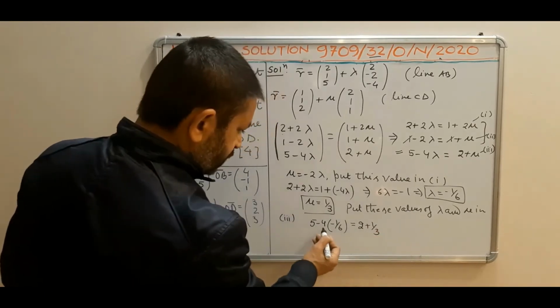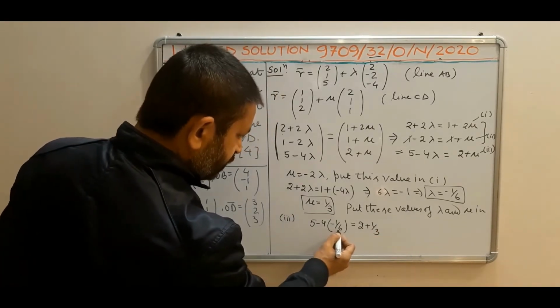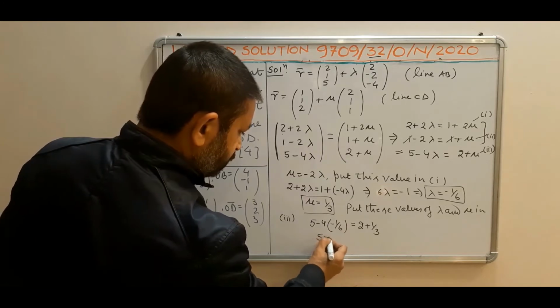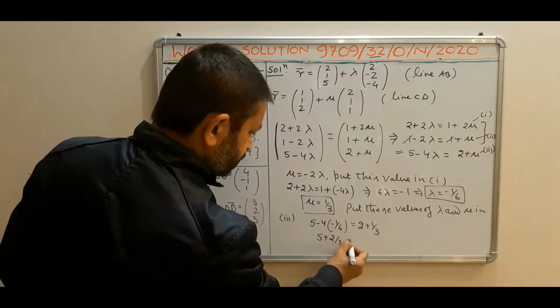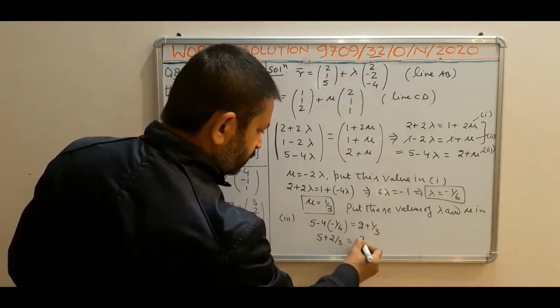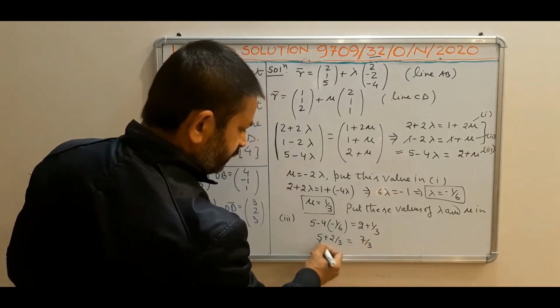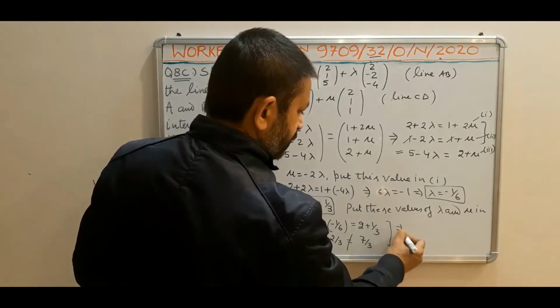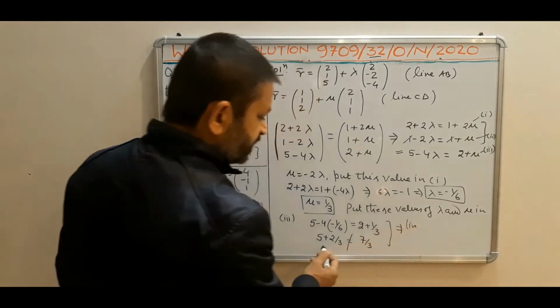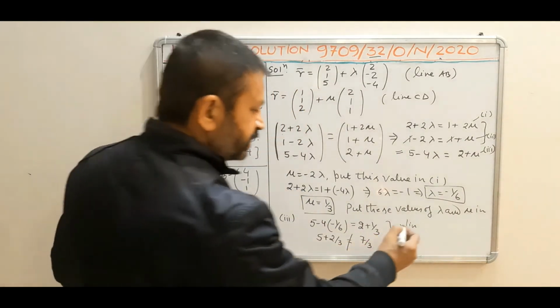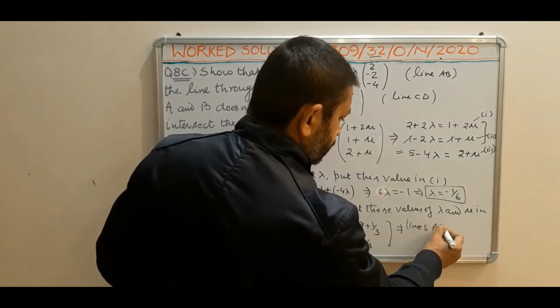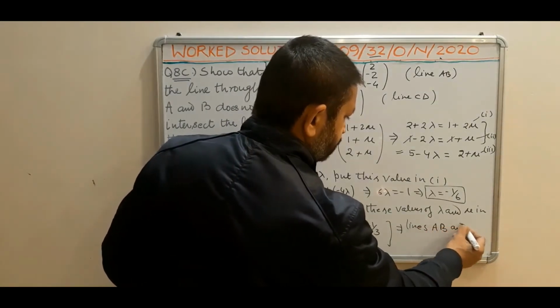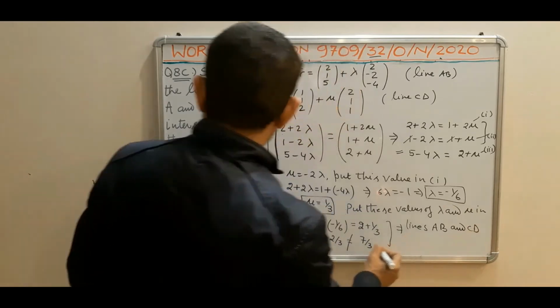So check: it will become 5 plus 2 by 3, which is 17 by 3, is equal to 6 plus 1, 7 by 3. These are not equal. So as it is not satisfying the third equation, it means lines AB and CD are not intersecting.